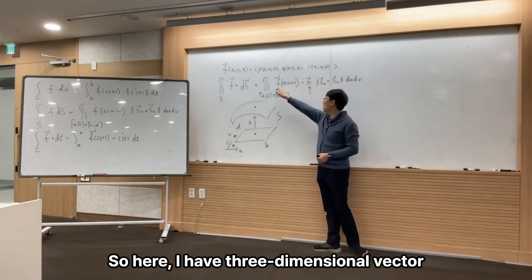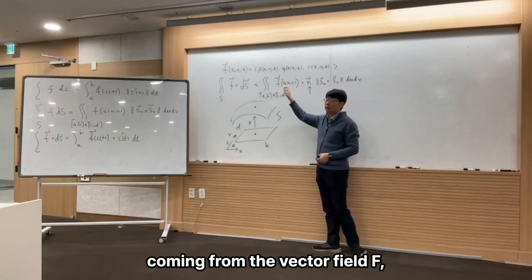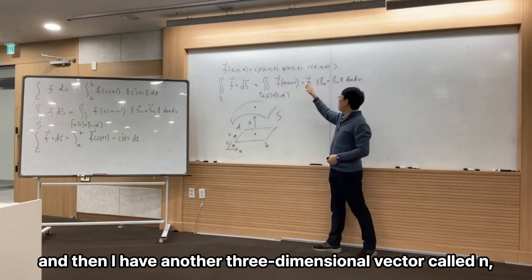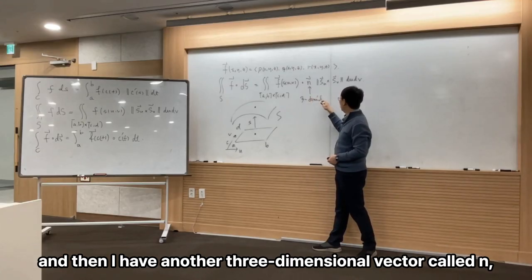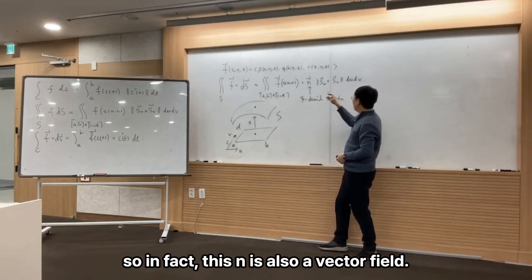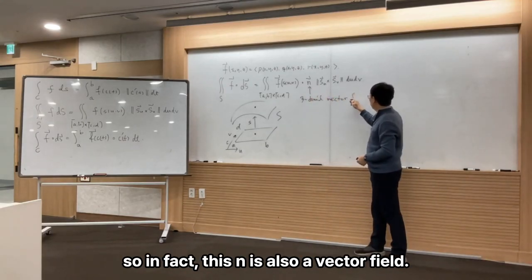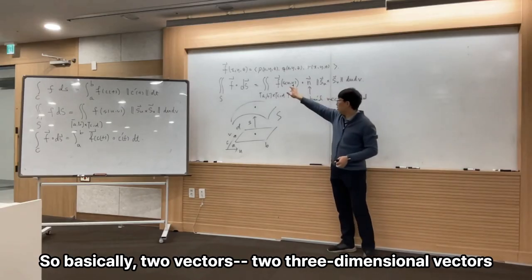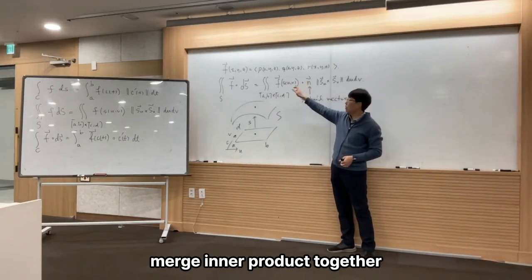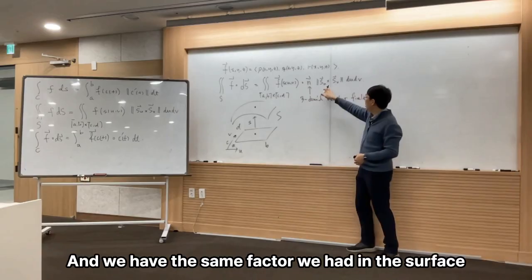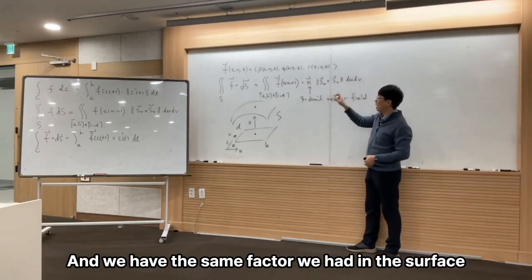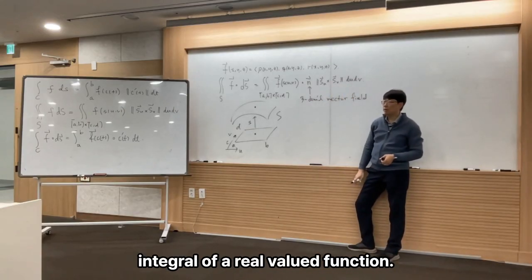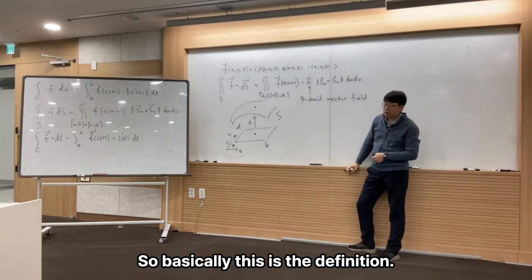So here I have a three-dimensional vector coming from the vector field F. And then I have another three-dimensional vector called n. So in fact, this n is also a vector field. Basically two three-dimensional vectors merge by inner product to get a real number. And we have the same factor we had in the surface integral of a real-valued function. So basically, this is the definition.